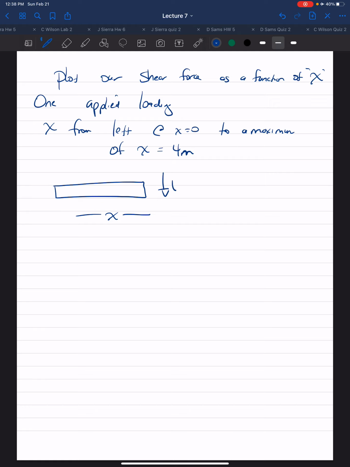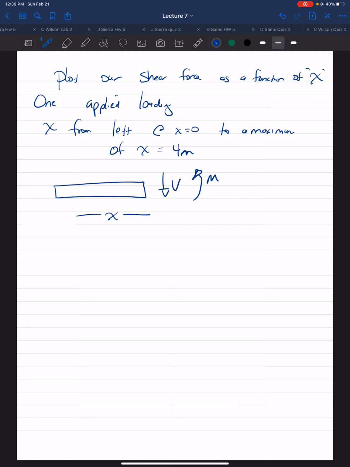We have our internal shear we're trying to define, and our bending moment M. And we default to our positive values here. Remember, if the internal shear tends to cause a clockwise rotation, it is positive. If the bending moment tends to compress the fibers upward, it is positive. So those are our two unknowns we want to get.